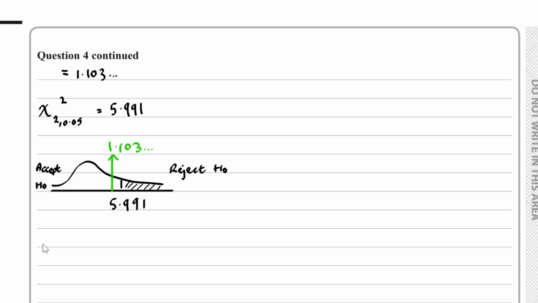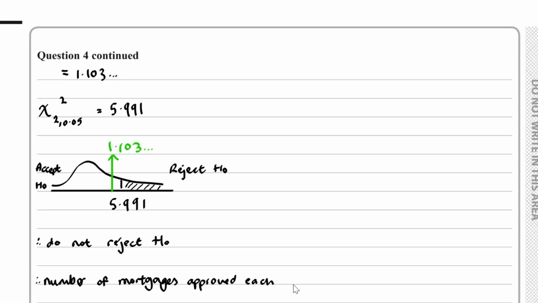So we conclude that we do not reject H0, and because of that we can say in conclusion that the number of mortgages approved each week follows a Poisson distribution.